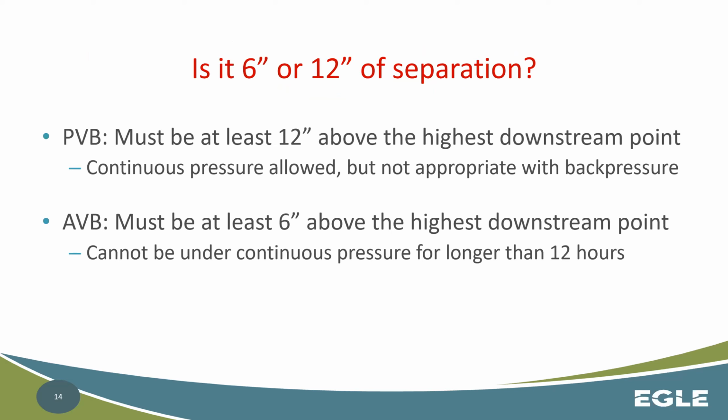Atmospheric vacuum breakers must be 6 inches above the highest point, with no valves, and not under continuous pressure or use for more than 12 hours. As Bob indicated, there's been debate back and forth. There is no set industry standard for what these say.